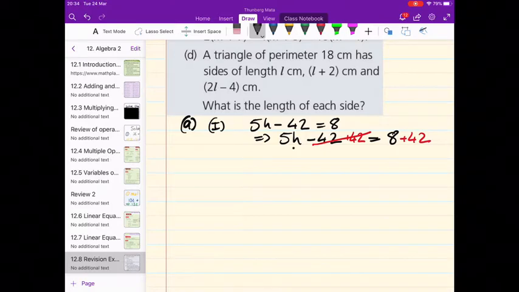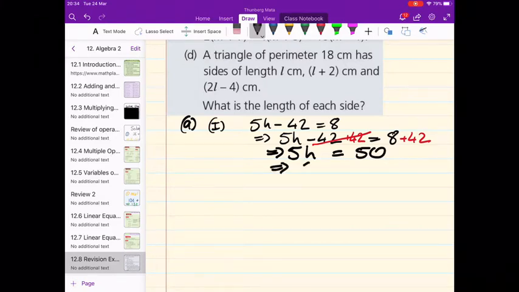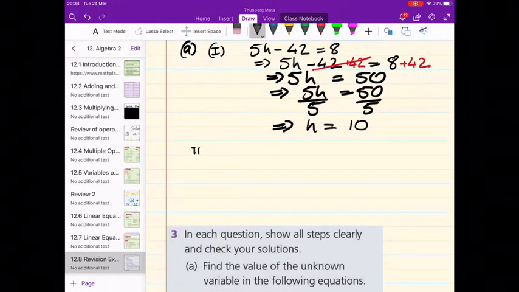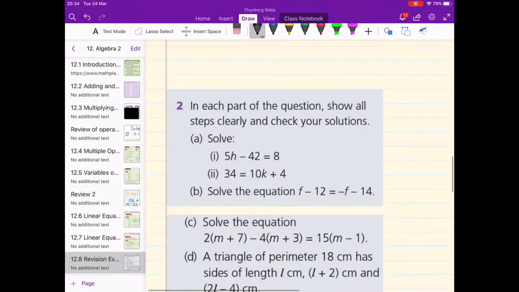When we add a positive 42 to the left-hand side, they'll cancel each other out, and we'll be left with a solitary 5h on the left. And that'll be equal to 50. So 5h is equal to 50, and that'll have to be divided by 5 because the coefficient of h is 5. And then we're left with h is equal to 50 divided by 5, which is 10.